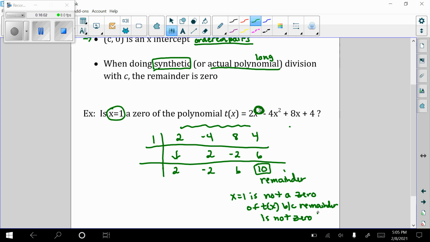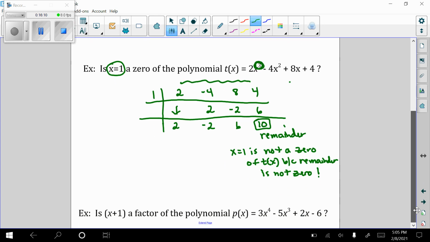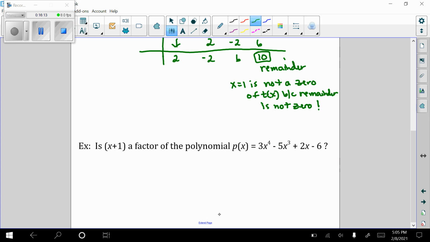Oh, I don't know why I put a negative there. If your remainder was 0, then you actually would have a point on the x-axis, which tells you that the value you synthetically divided by is the 0 of the function.